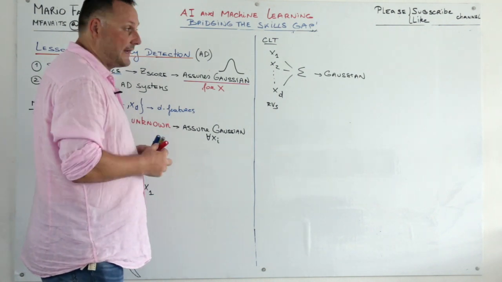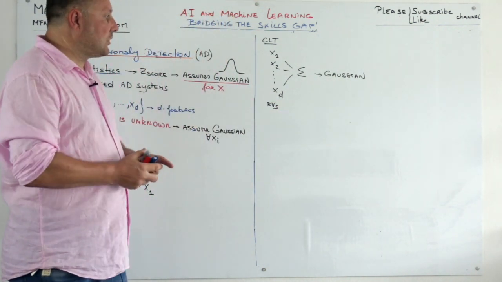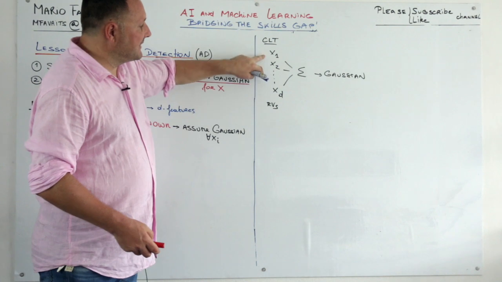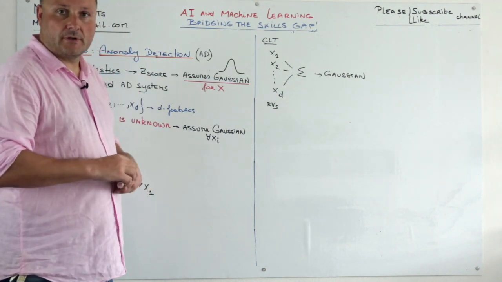Important is to know that you will get a Gaussian no matter what the distributions of the xi's are, and that is a very powerful theorem.